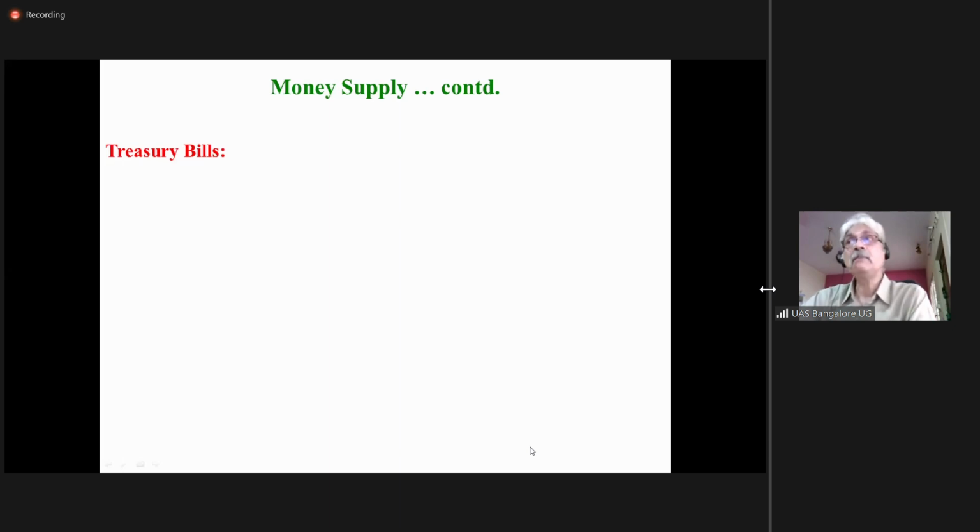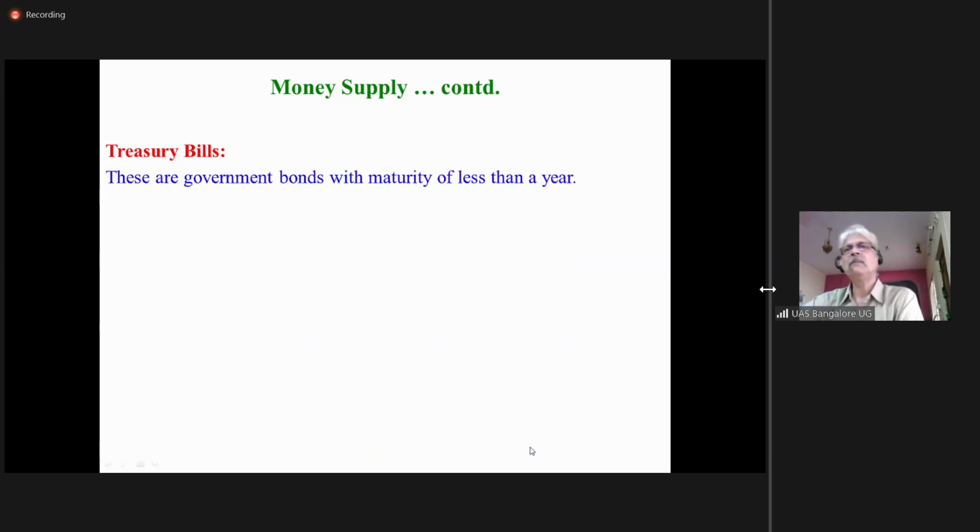Then treasury bills. Treasury bills are the government bonds with maturity of less than a year.